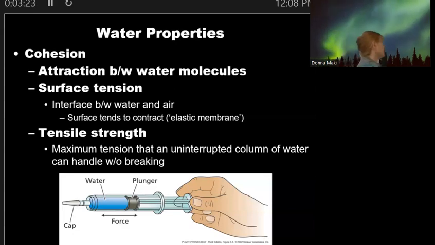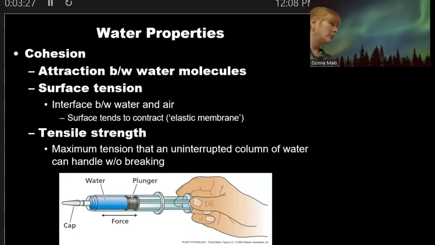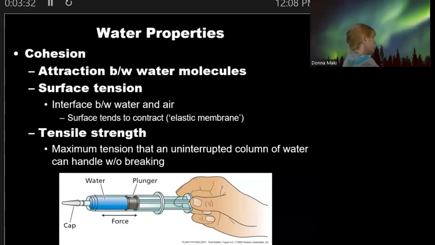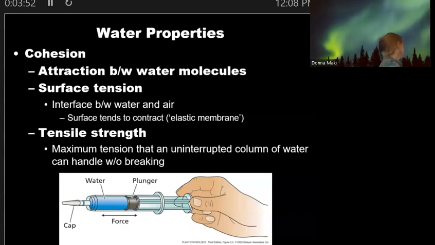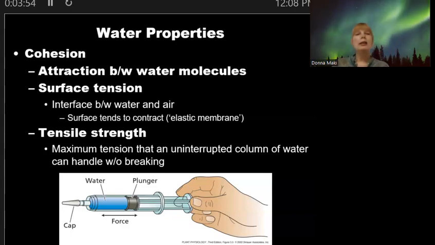If you think about the idea of putting water into a hypodermic, the plunger part where you suck up the water, and then if you keep sucking back with the plunger, you're creating a tension on the water column. And it's like, well, how much tension can you apply to that before the water column breaks and you get a bubble in the mix? So essentially, you can do tensile strength with liquids. And water has a pretty good tensile strength as well.